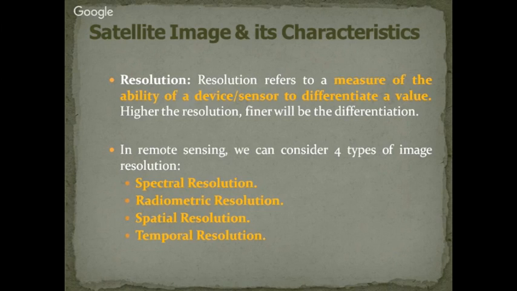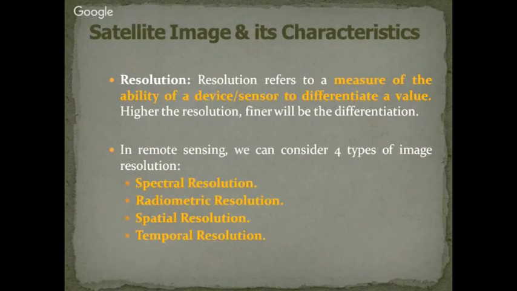When we talk about resolution, for example in case of our mobile phones, we talk about its capability of giving us a clearer picture. But in case of satellite images, we have different types of resolutions. These are spectral resolution, radiometric resolution, spatial resolution, and temporal resolution.